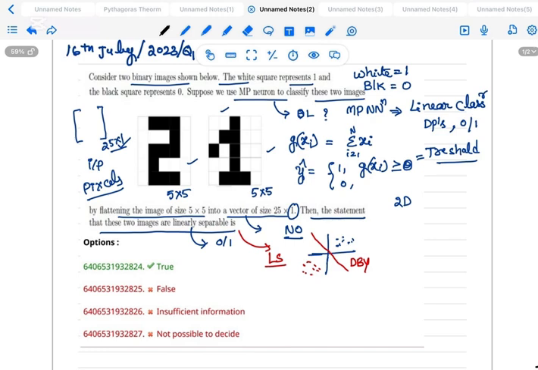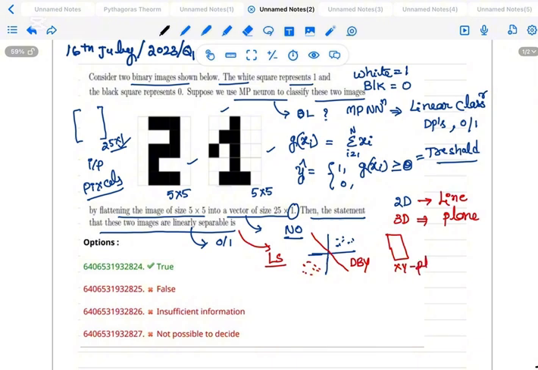In two dimensions, to separate these two sets of data points we use a line. In three dimensions, it is a plane, for example the XY plane.